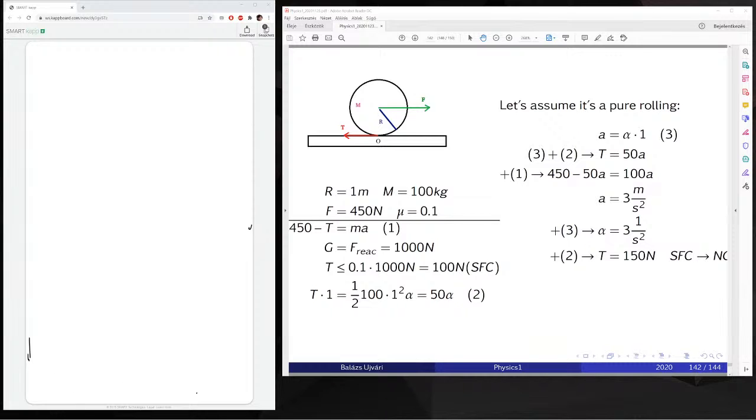What we calculated, with that force, that mass, that radius, that mu, is that the acceleration will be 3 meter per second squared. What if at t equals 0, I had x equals 0 and my velocity is 0? Where is the body in 10 seconds?